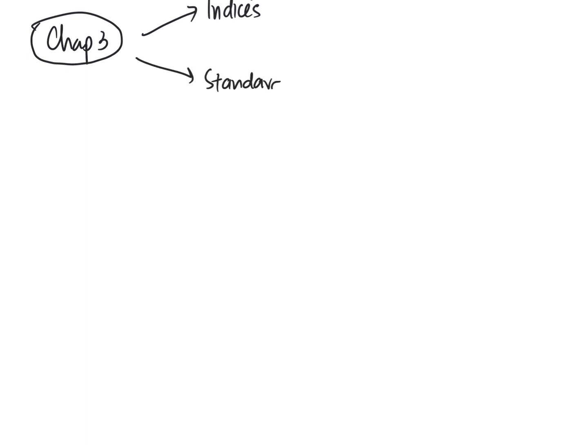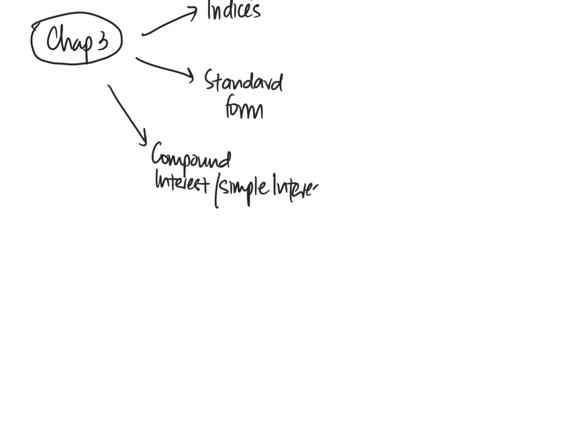So chapter 3, right? You all just need to know that there are 3 parts to it. There's indices, there's standard form, and the last part is compound interest. For indices, there are altogether 9 laws.